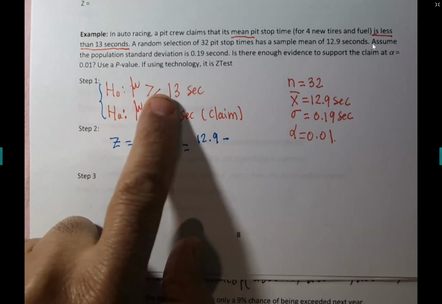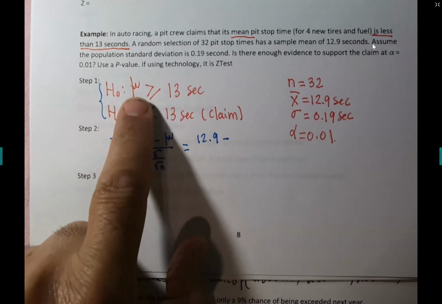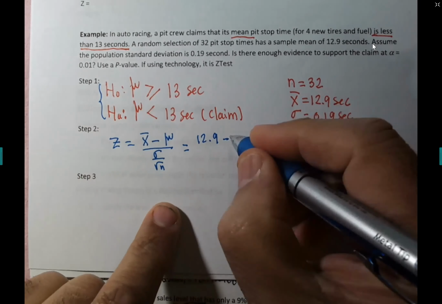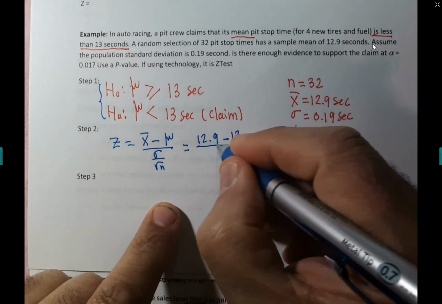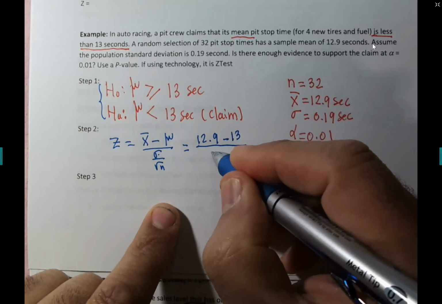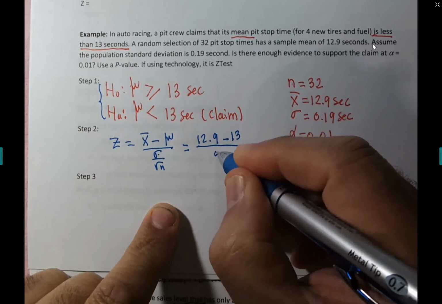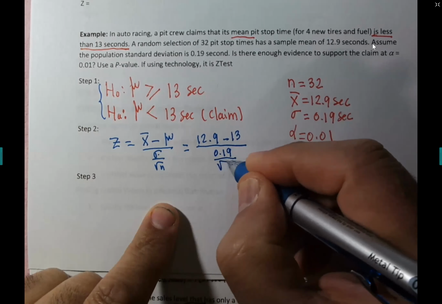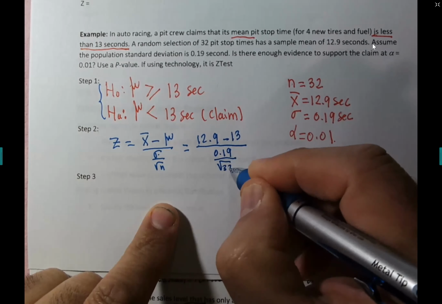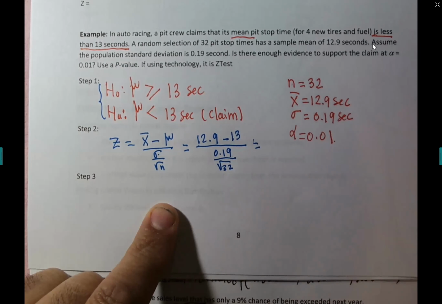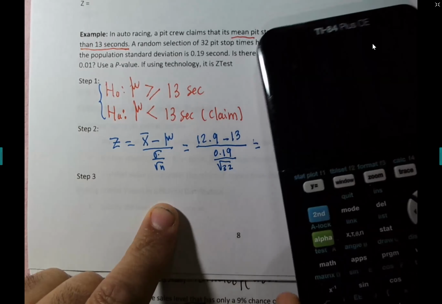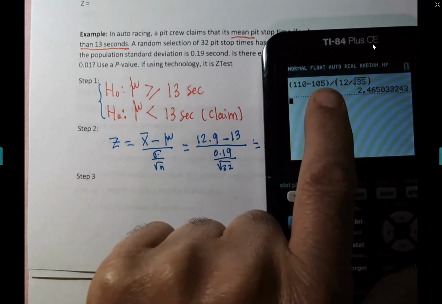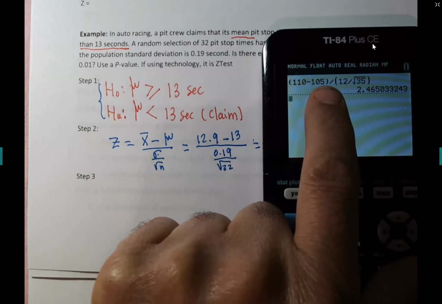So we're going to take the value of 13 from the null hypothesis because it has greater than or equal to 13. You put 13, divided by sigma. Sigma is what, guys? 0.19 over the square root of n, which is the square root of 32. And let's use the calculator to do this. This is why I put this expression earlier and asked you to use a calculator to find it.